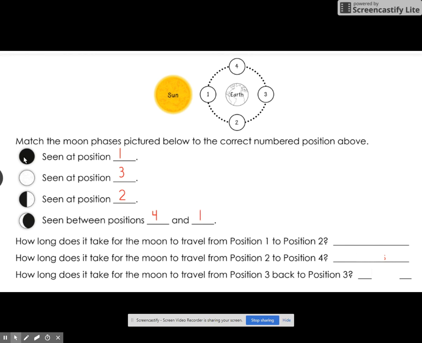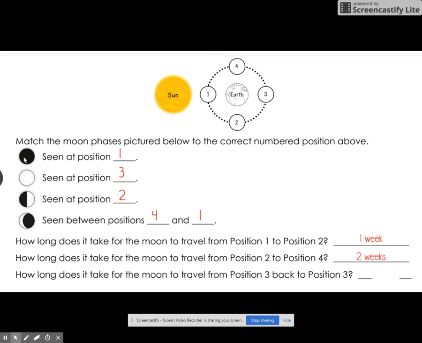How long does it take for the moon to travel from position 1 to position 2? It takes approximately 1 week for a moon phase to fully change into one of the main phases. How long does it take for the moon to travel from position 2 to position 4? That's going to take approximately 2 weeks.